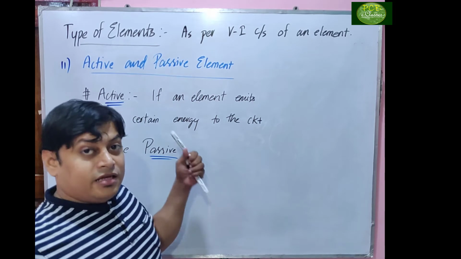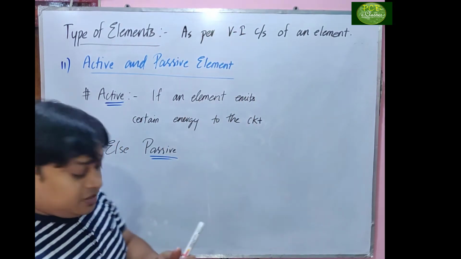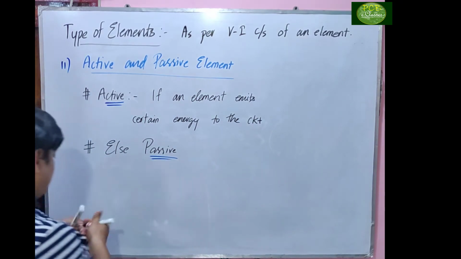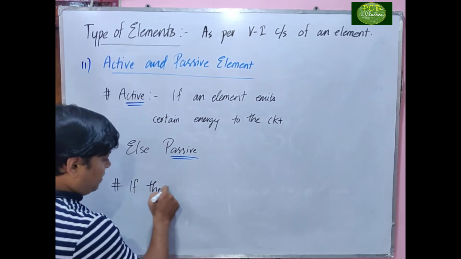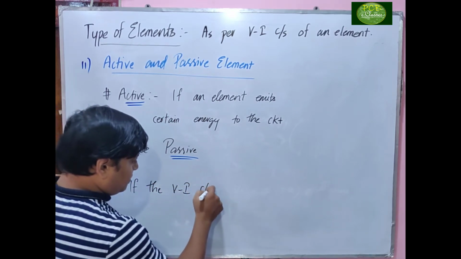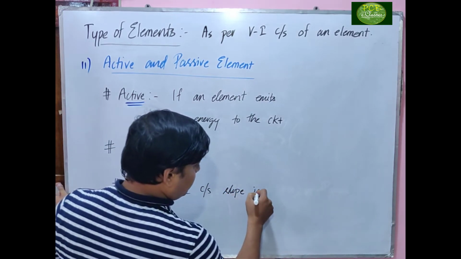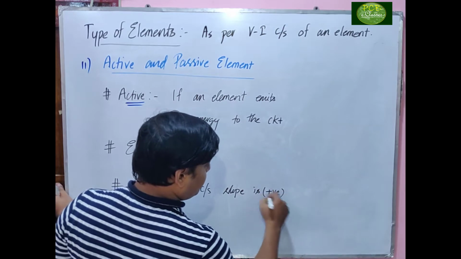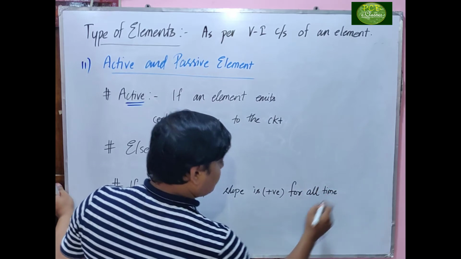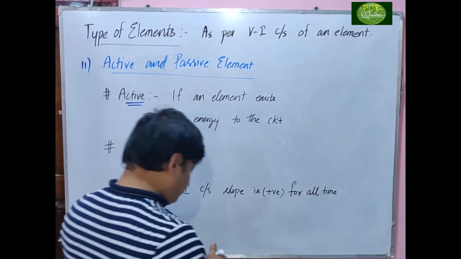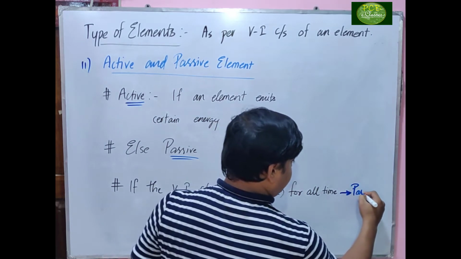Now, another definition is there with respect to the VI characteristic. With respect to the VI characteristic, how are we defining it? If the VI characteristic slope is positive for all time, then it is said to be passive.